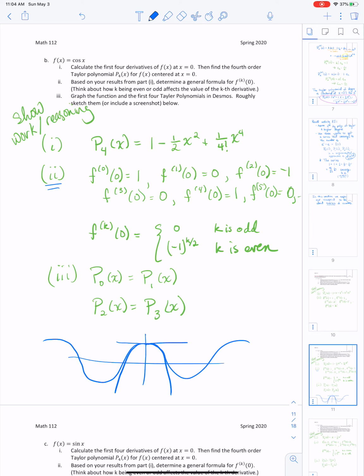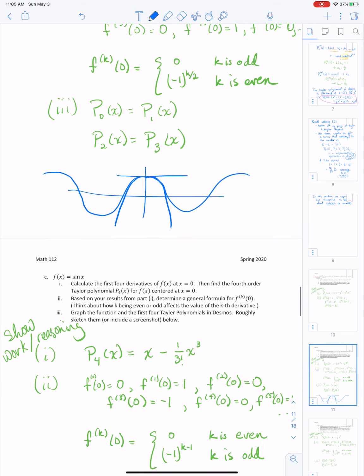That makes sense because cosine is an even function, and so we wouldn't be gaining anything by adding an odd power here, because we would not be adding any accuracy, since on the left and the right different things would be happening, and cosine is even.